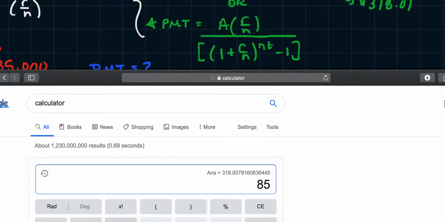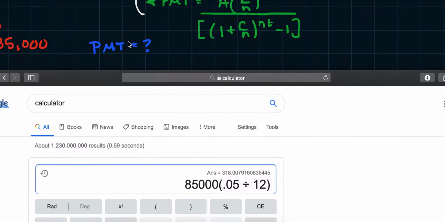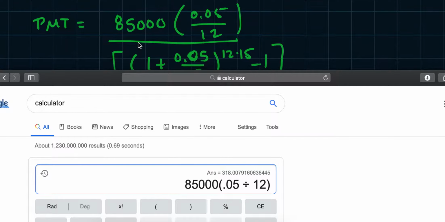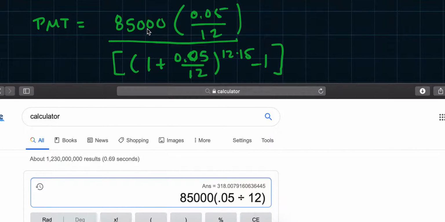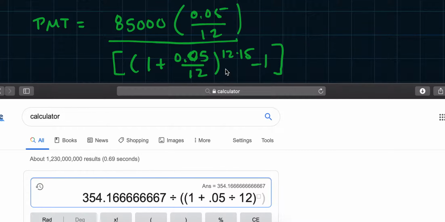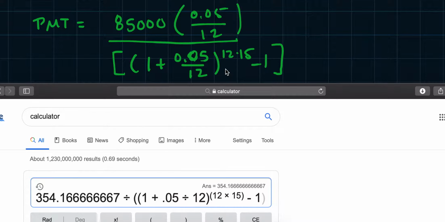So we have 85,000 times 0.05 divided by 12. So here's the whole thing. And I'm just going to do the first part. So 85,000 times 0.05 divided by 12, hit enter. Now we're going to take that and hit divide. And then in parentheses, we're going to write this. 1 plus 0.05 divided by 12 raised to the 12 times 15 minus 1.